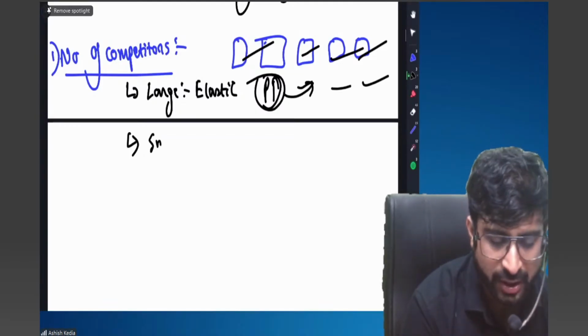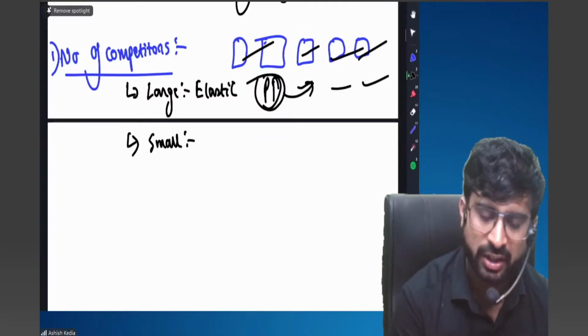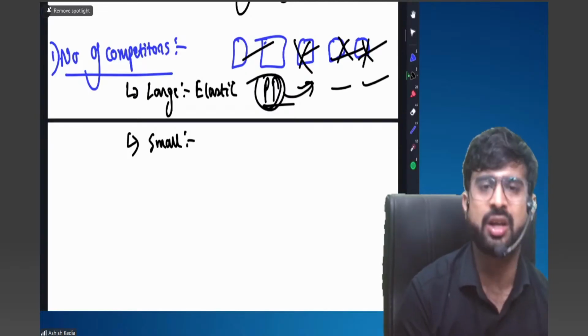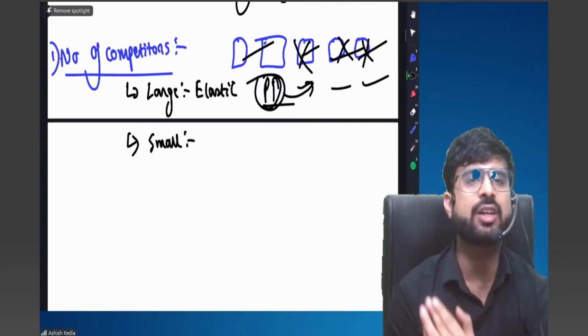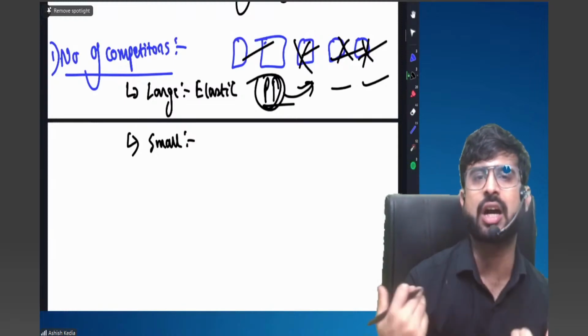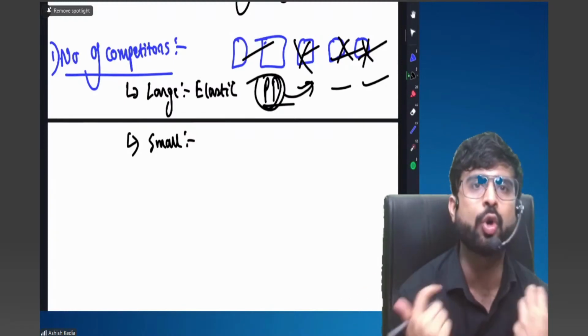If the number of competitors is small, then even if the producer raises the price, consumers don't have much option. Take Indian Railways: even if the government increases the price, people who travel by railways will not suddenly start taking aeroplanes and cars, because there is no close competition.